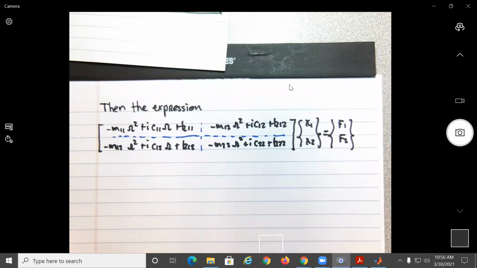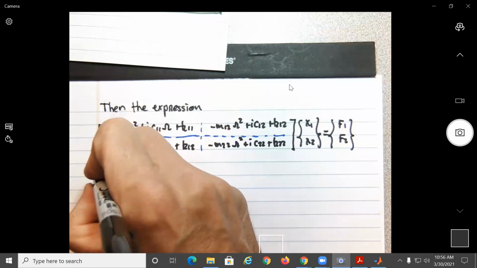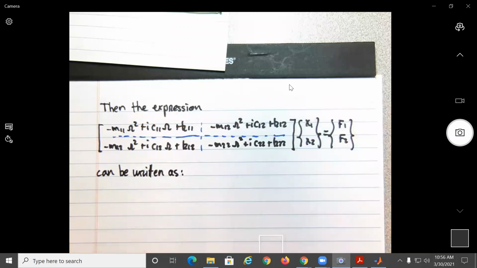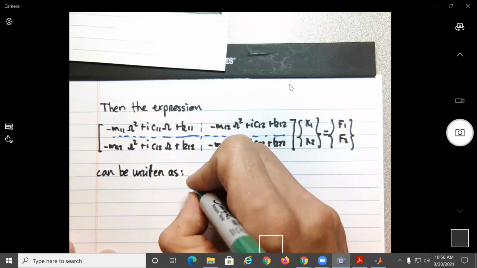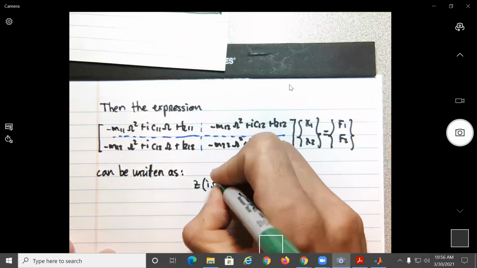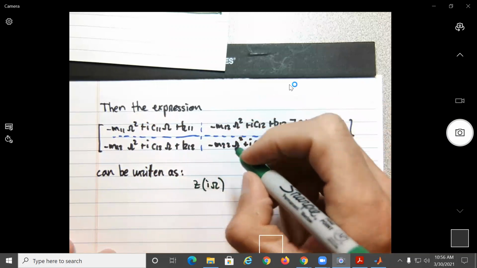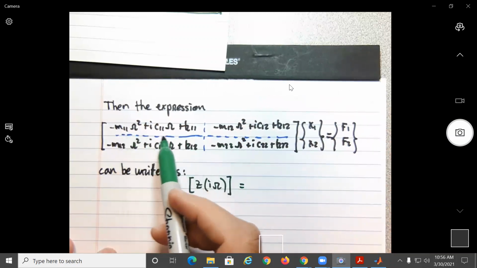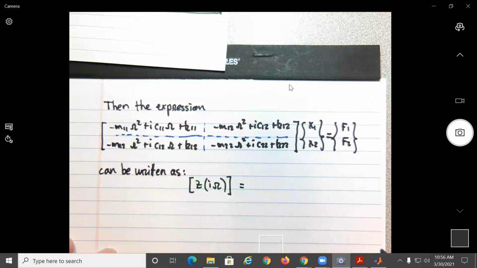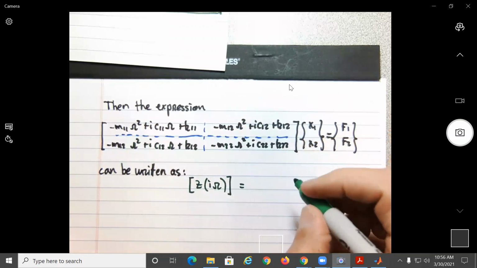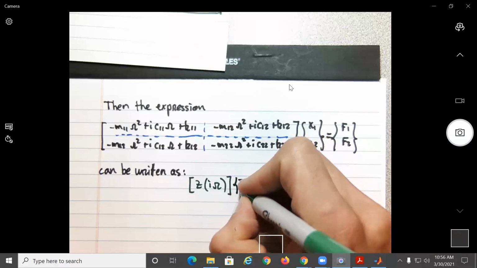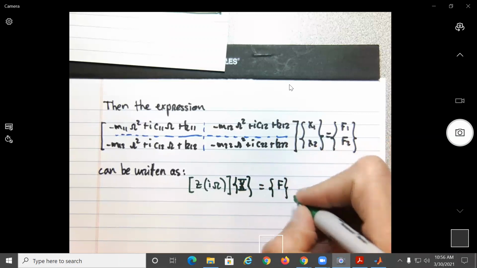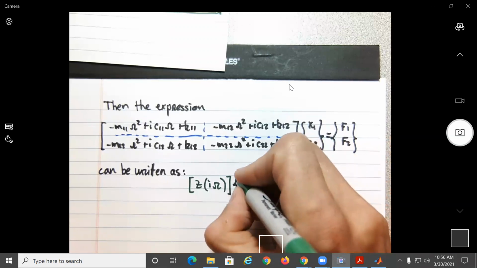Okay, so with the impedance notation, we can rewrite this as Z of i omega, and this will be this matrix over here, where r and s will be 1 and 2, of X. So this X should be equal to F, that will be F1, F2, if you want to compare vector and vector.